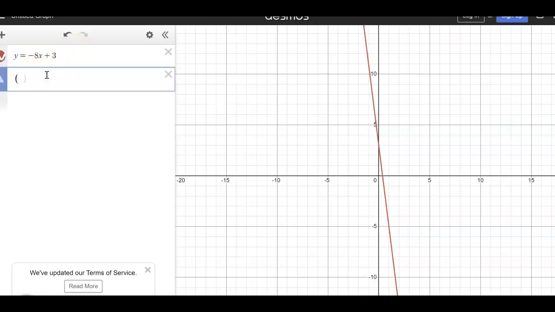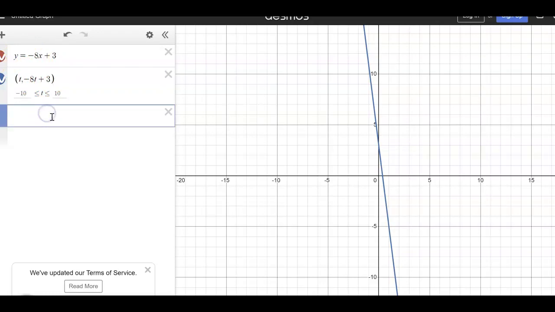And we came up with t and negative 8t plus 3. Okay, if I set this, let's just go negative 10 to 10, just so I can get an idea. You can see how those live right on top of each other. So this guy definitely models this. That's where we let x be t, and then we substitute it in.